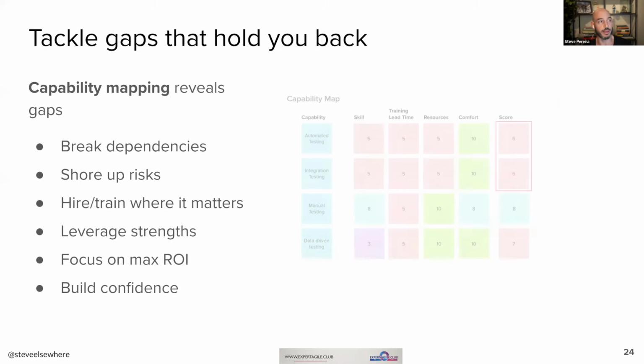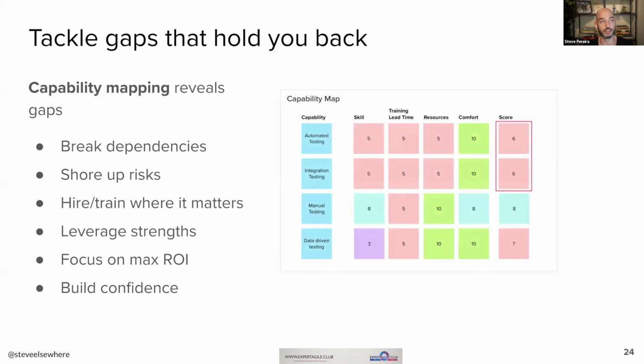So capability mapping allows us to look at the key capabilities that are affecting our target bottleneck, right? So we're not looking at every capability that we could possibly list, because 99% of them don't matter. The ones that are slowing us down matter. The ones where we're weakest matter.